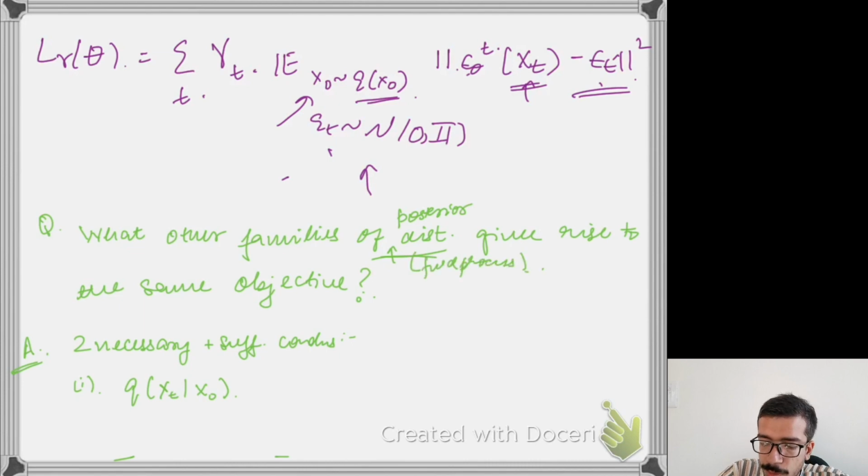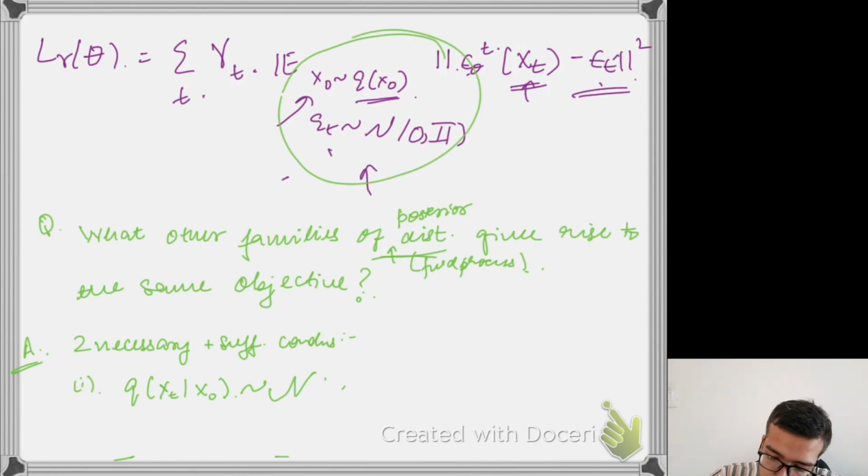I'm not writing forward Markov chain because we will be giving up the Markovian assumption now. So what we want is that q of xt given x naught must be the same as a normal with mean square root of alpha t bar x naught and variance 1 minus alpha t bar times identity, since I want the same objective function.